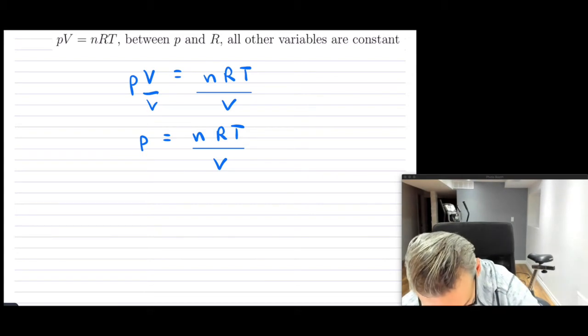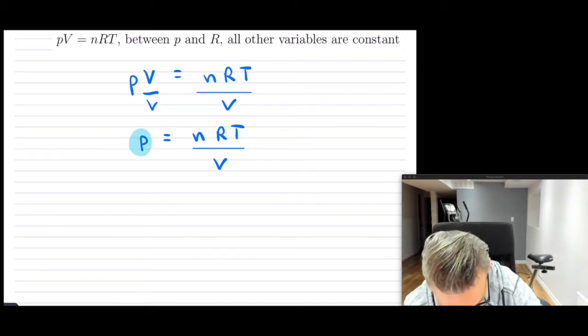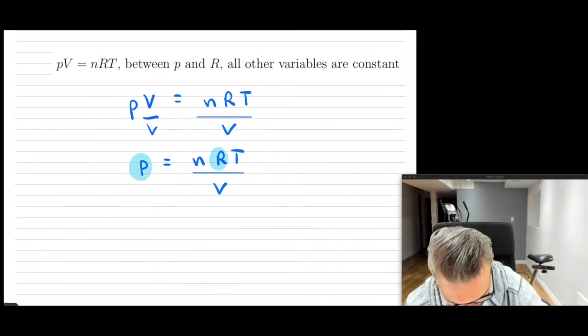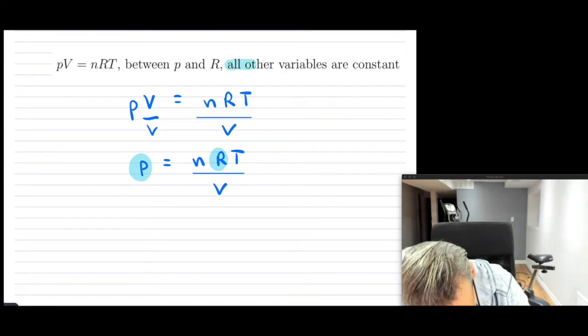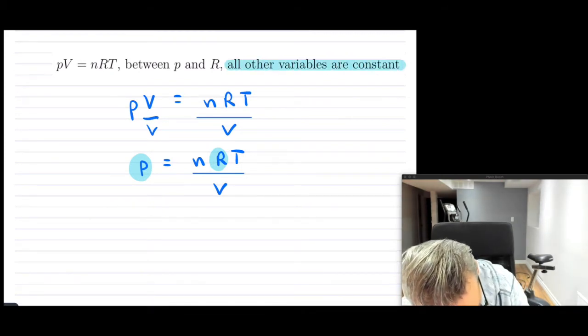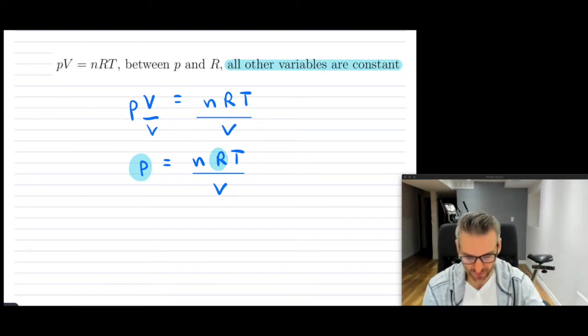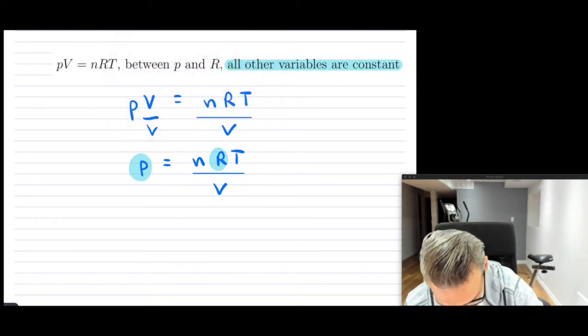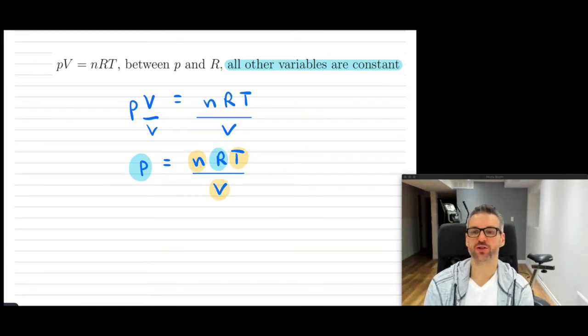Now, my question is, I want to have a relationship between P and R. And notice, when you say that, you are assuming that all the other variables are constant, meaning that they are not changing. If they're not changing, you can think of it as just a number.